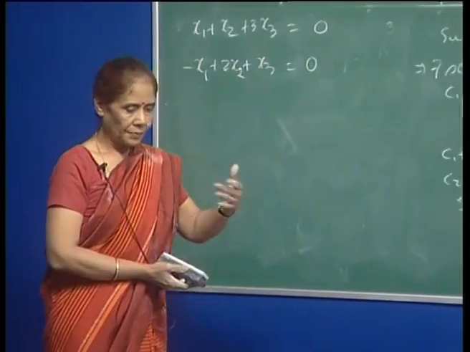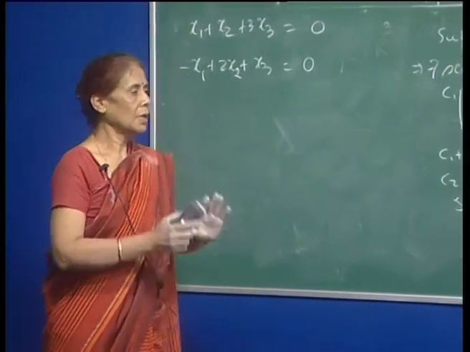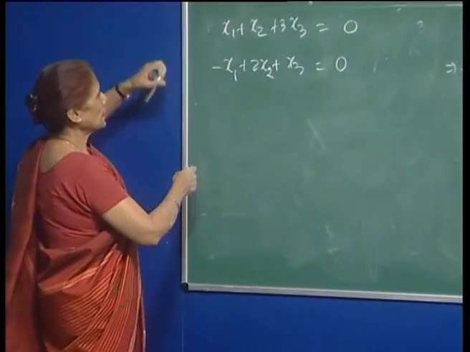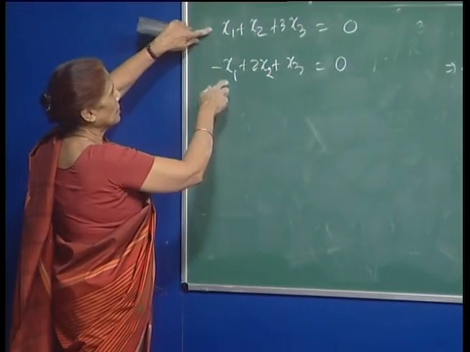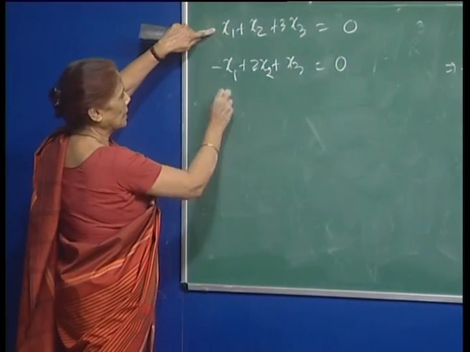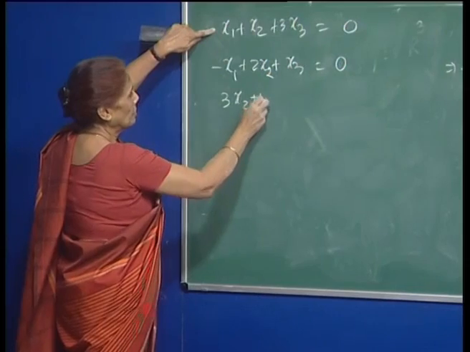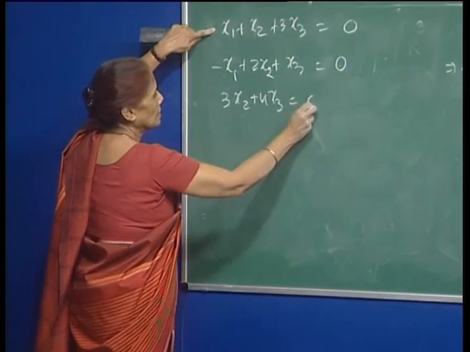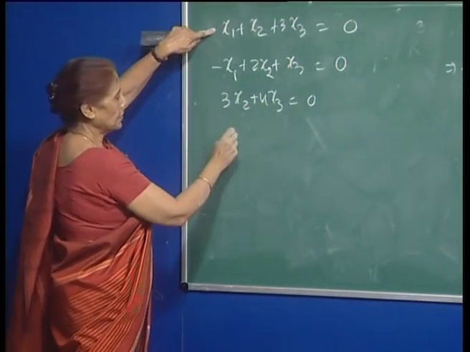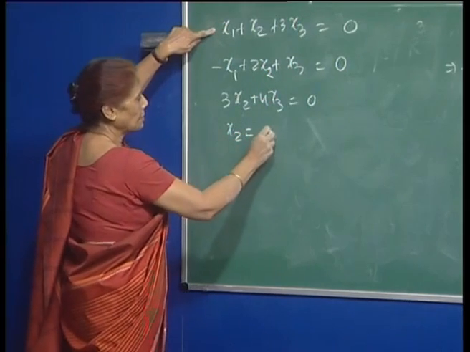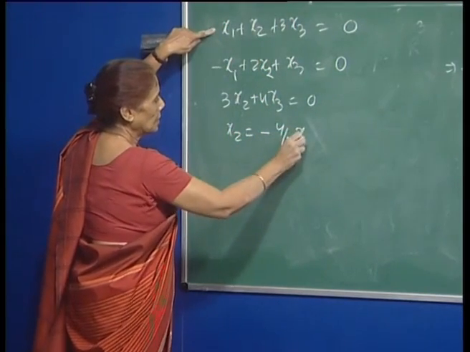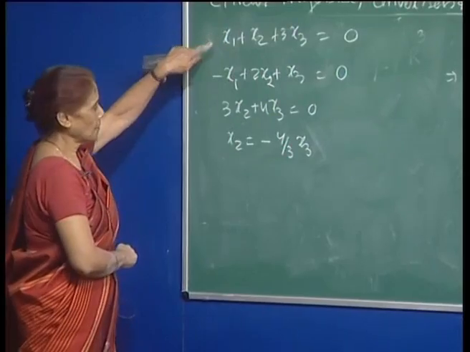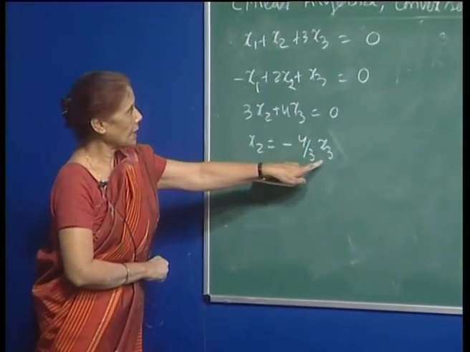You have learned the method of elimination. Say for example, here I add up the two equations. What do you get? 3x2 plus 4x3 is equal to 0, which gives you that x2 can be written as minus 4 by 3 x3.